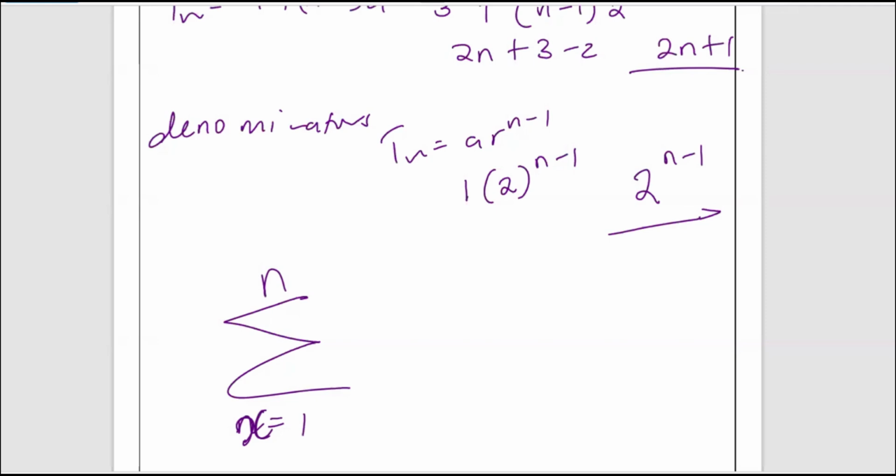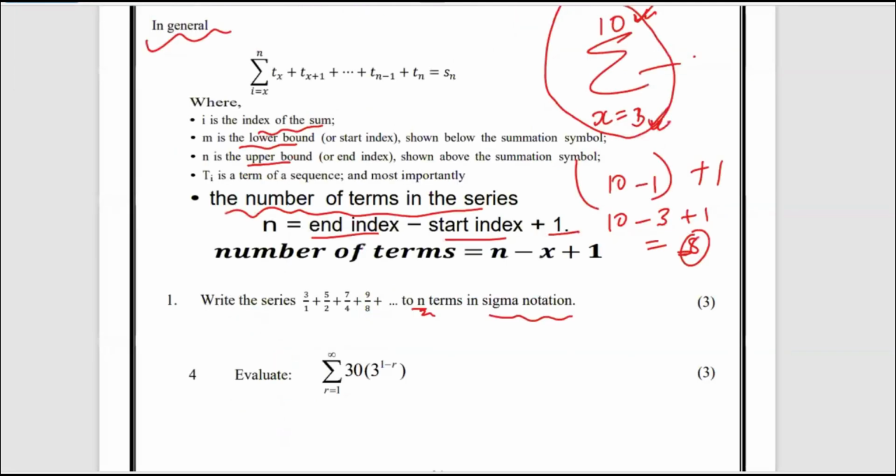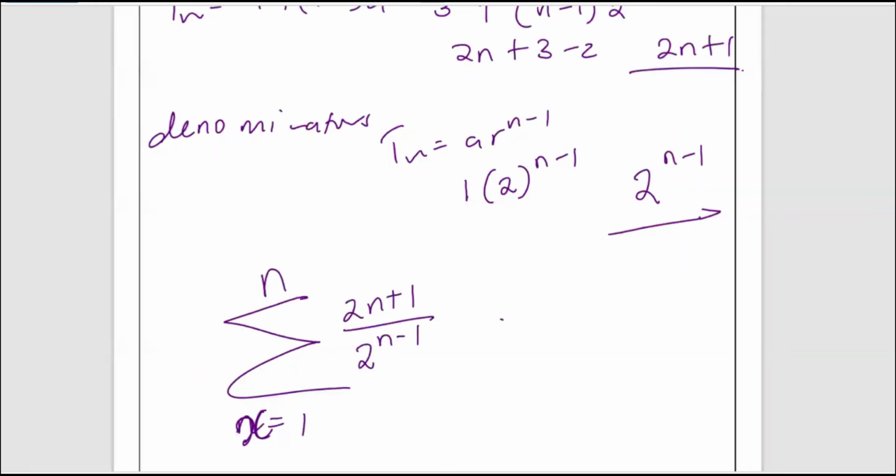Or you can still use n is equal to 1 and then n is equal to n, okay? So the top part is 2n plus 1 over 2 to the exponent of n minus 1, okay? So this is the sigma notation that they wanted us to do, okay? So if in any case we had, let's say, the value of the expression, let's say after adding up everything, then that would be written after the equal sign, okay?